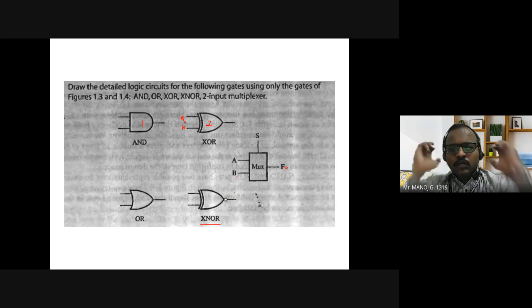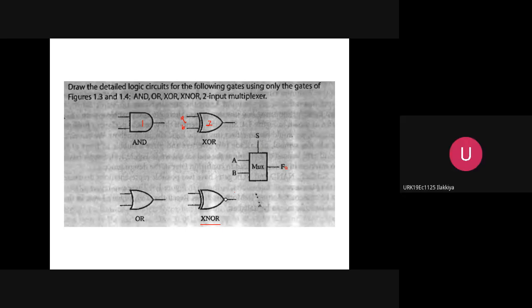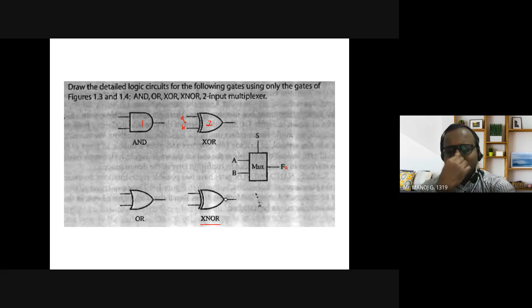Now, what type of mux is this? How many inputs? How many outputs? Just tell me what type of mux this is. Ilakya? Sir, yes. How many inputs are there? How many outputs are there for this mux?